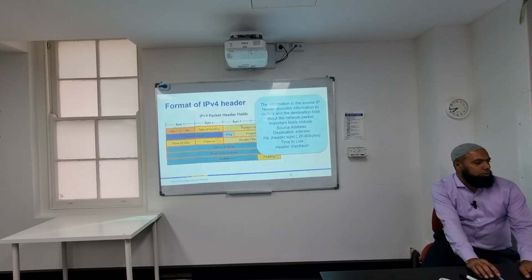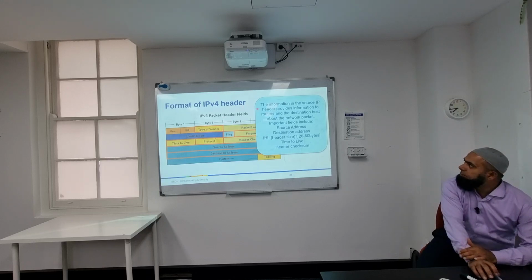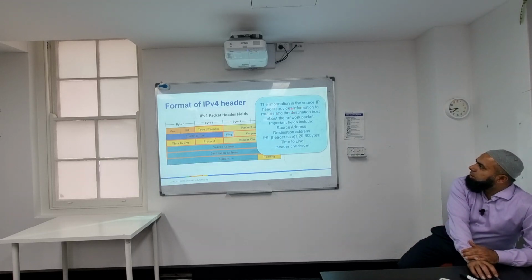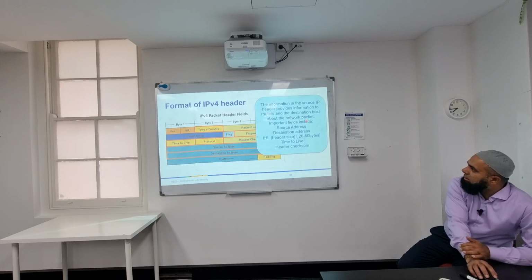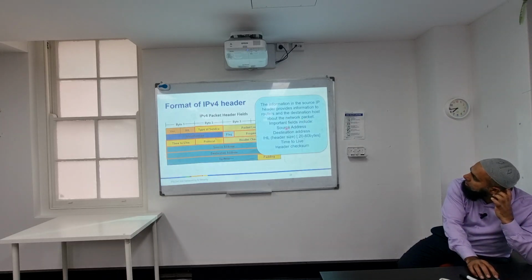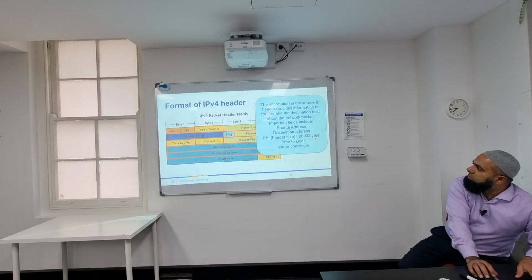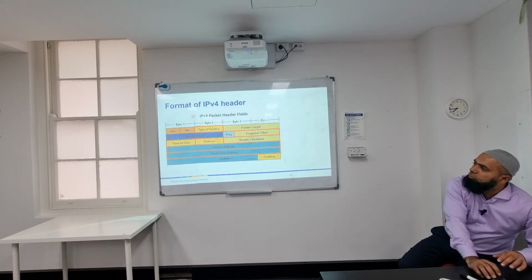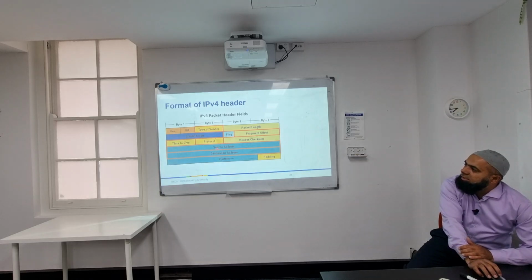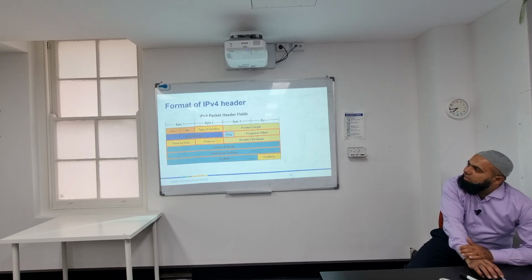And you can see this is how the IPv4 header looks. The information in the IP header provides information to routers and the destination host about the network packet. Important information includes the source address, destination address, the header size of 20 to 60 bytes, TTL, and header checksum. So these are all part of your network packet. This is the total format of your IPv4 header, which has source address, destination address, protocol, identification, and flags.